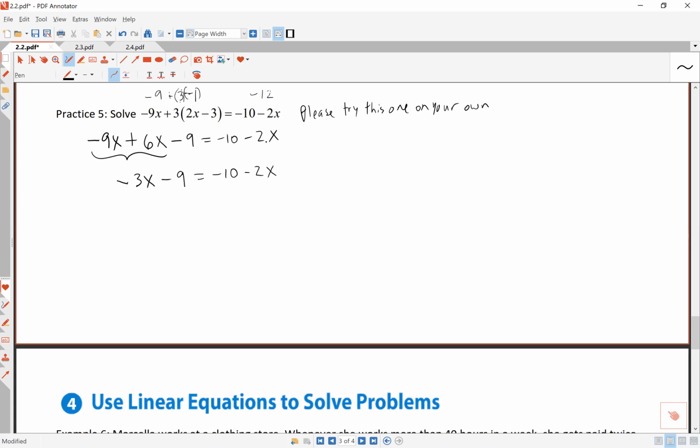Now we have variables on both sides of the equation, so we undo the negative 2x on the right by adding it. We add it to both sides. Cancels that. Negative 3 plus 2 is negative 1.